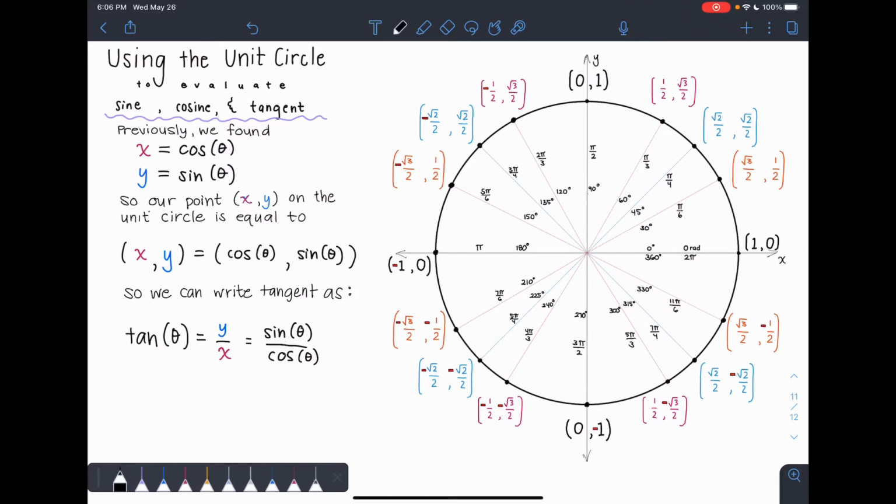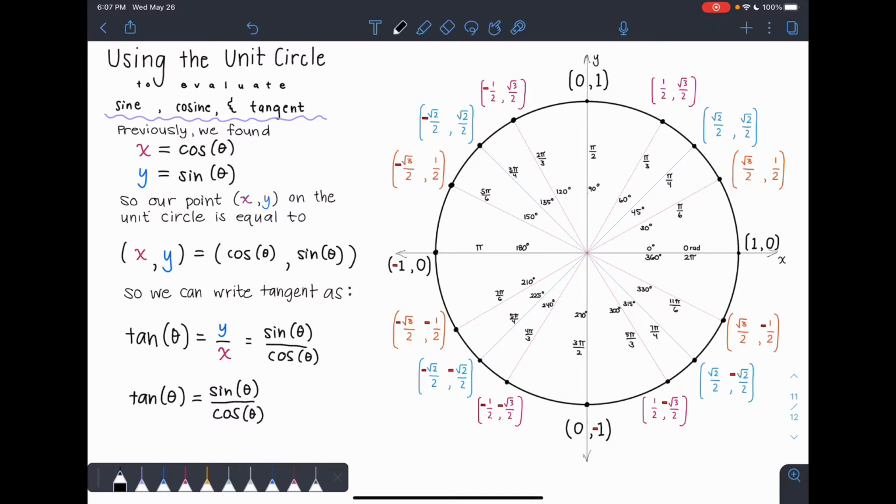So essentially, we end up saying that tangent of theta is equal to sine of theta over cosine of theta.